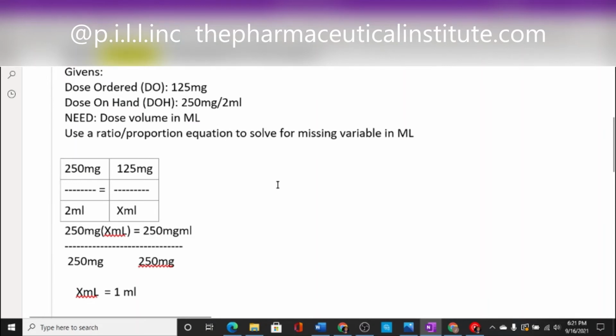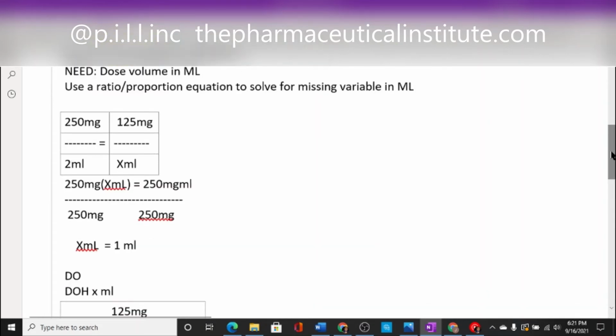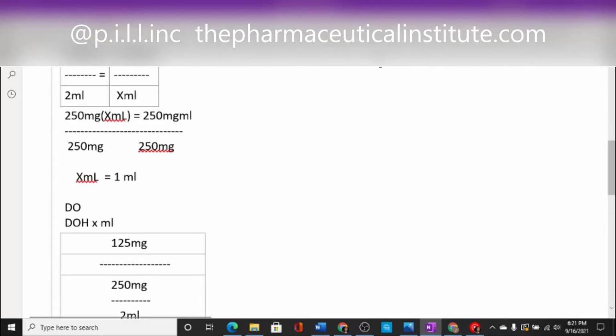There we go. 250 divided by 250 will cancel out and leave us with X milliliters. On the other side, 250 milligrams divided by 250 milligrams, the milligrams cancel out and the 250s cancel out. It'll only leave us with our milliliter unit. Therefore, our unknown volume equals 1 milliliter.